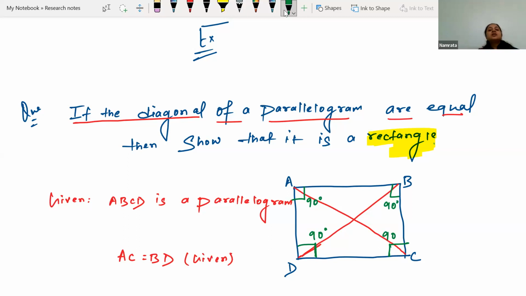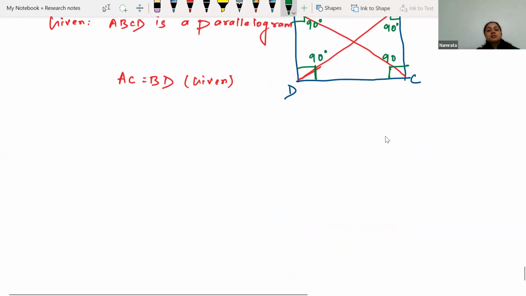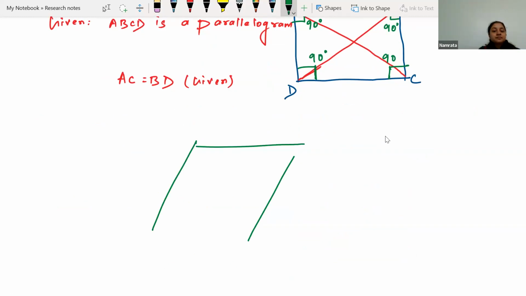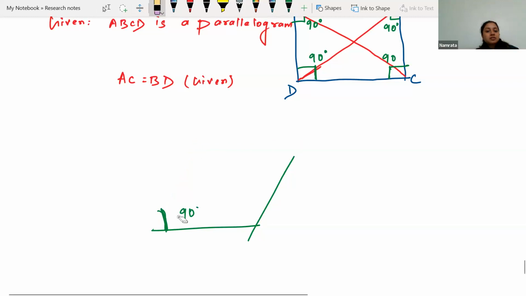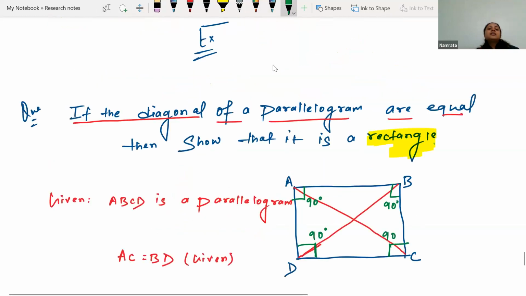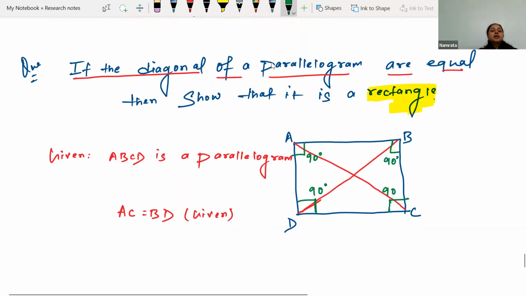That each interior angle of the rectangle is 90 degrees. A parallelogram doesn't follow this property. A parallelogram is like this. Here each interior angle is not 90 degrees. This is valid for a rectangle or a square, we can say. So let's move ahead and prove that each interior angle is 90 degrees. Then we will be able to say it's a rectangle.